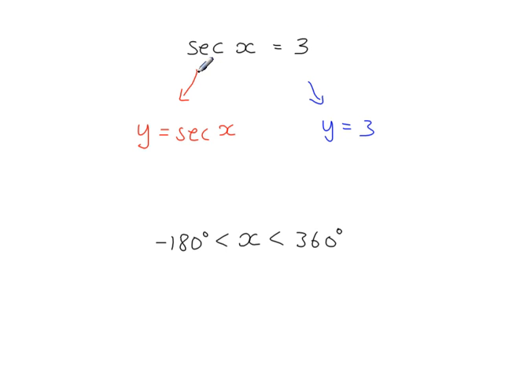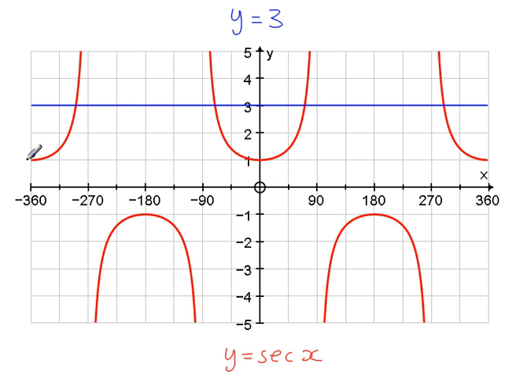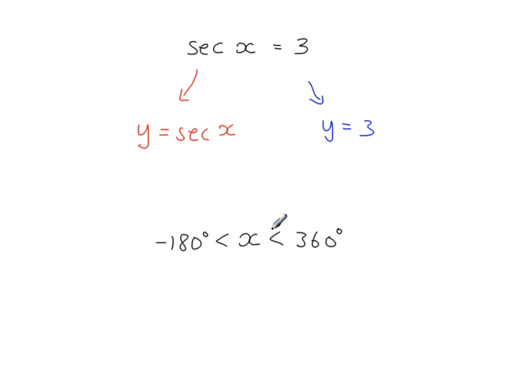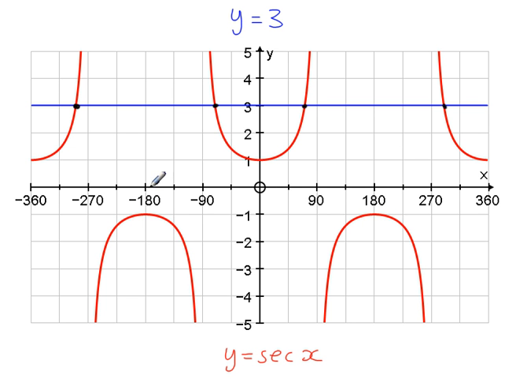So on the same graph, if we have a look at the sketch of y equals secant x and y equals 3, so on the graph here we have secant x, these distinctive U and N-shaped curves, and we have the horizontal line y equals 3, and where they're equal to each other in these positions here, there's 4 there, but again we have to stick to our range of angles for x, minus 180 to plus 360, so just that lot there, there will be 1, 2, 3 solutions.